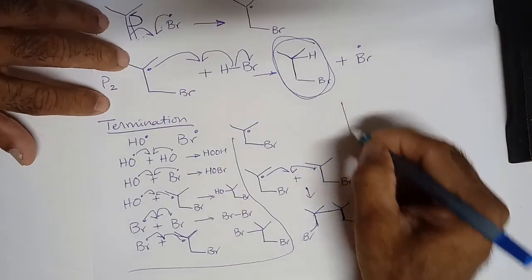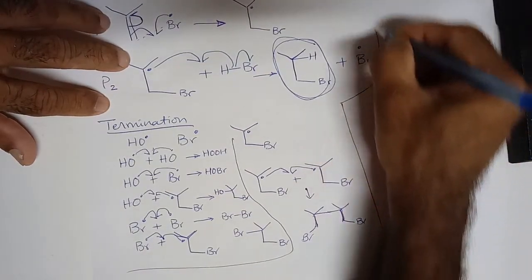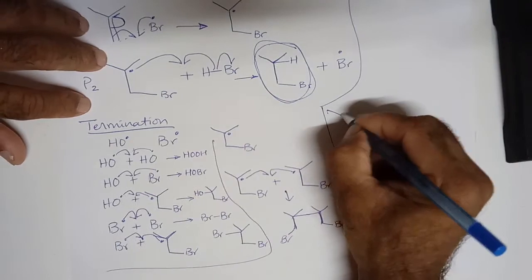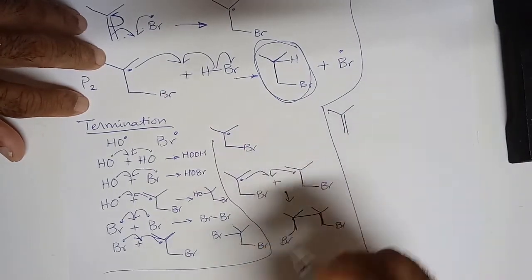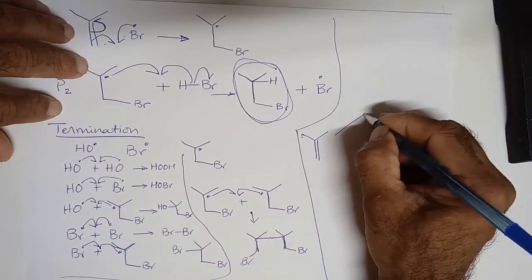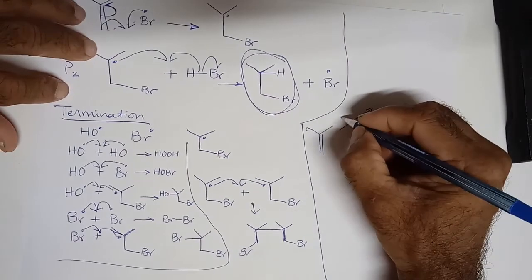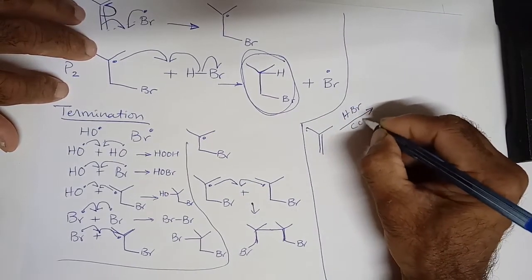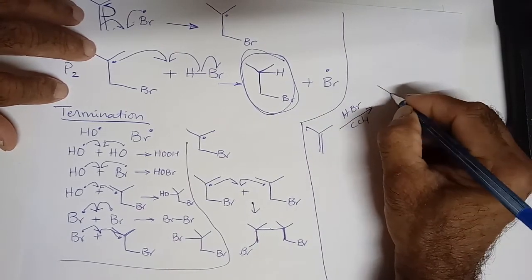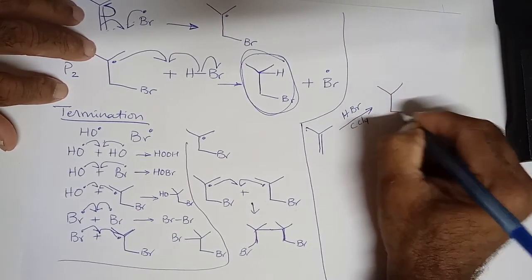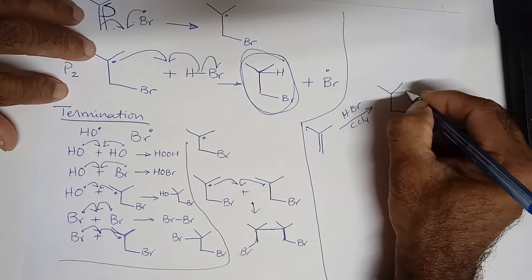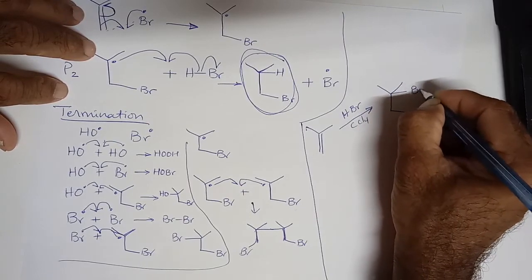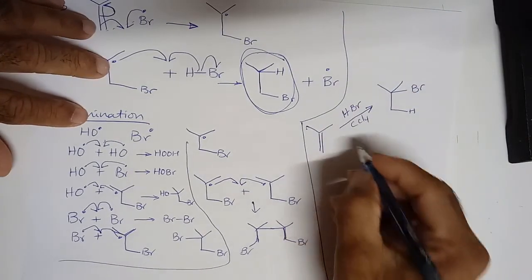So let's not forget that we started with this. And we were expecting, according to Markovnikov, if it is HBr-CCl4, we were supposed to get this. That's a Markovnikov expectation.